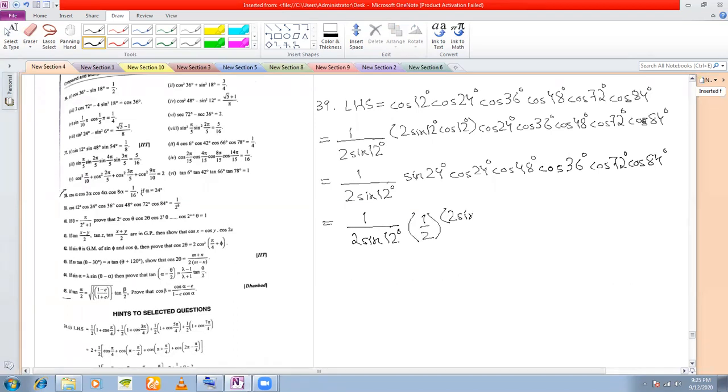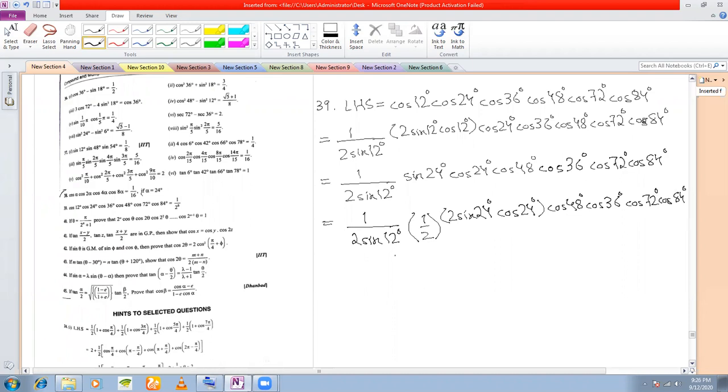2 sin 24° cos 24° cos 48° cos 36° cos 72° cos 84°.